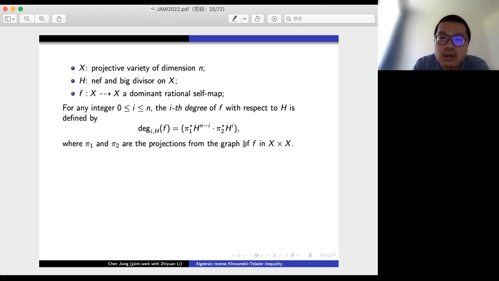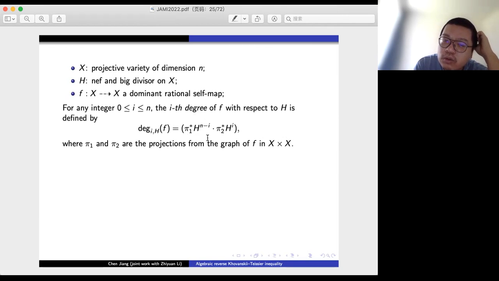Here pi1 and pi2 are the projections of the graph of F to the first and second components of X cross X. That means we resolve the map, pull back a certain power of H onto the resolution, and take the intersection.